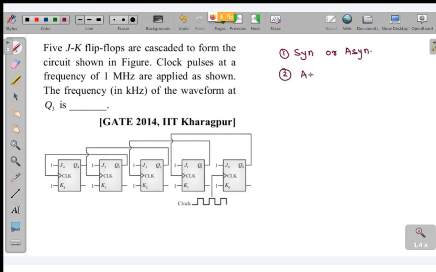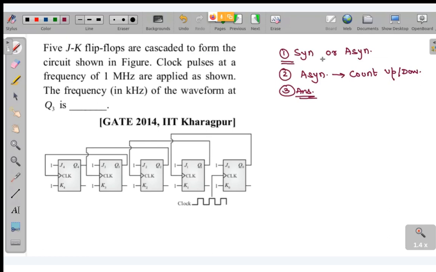Second, if it is asynchronous, what is the counting state, meaning whether it is up counting or down counting. Third will be your answer. So tell me the answer.